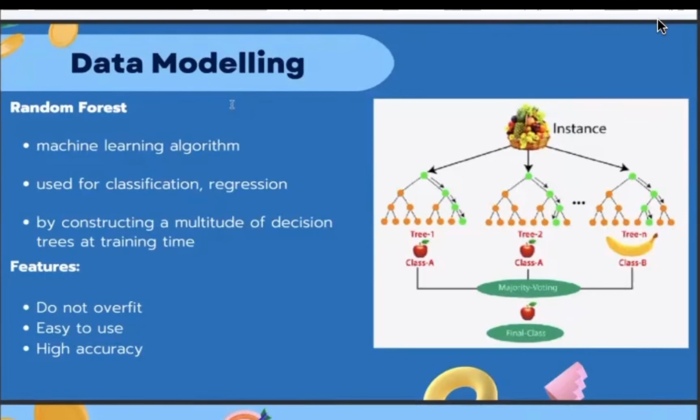Another decision tree, N, has predicted banana as the result. The random forest classifier collects the majority vote to provide the final prediction. Most decision trees choose apple as their prediction. This makes the classifier choose apple as the final prediction.